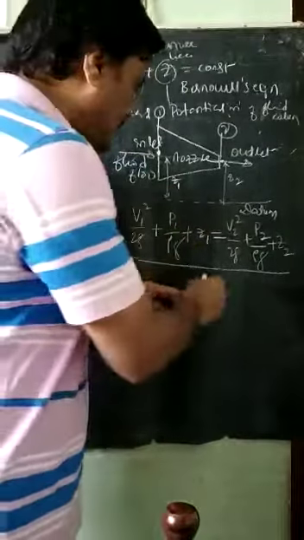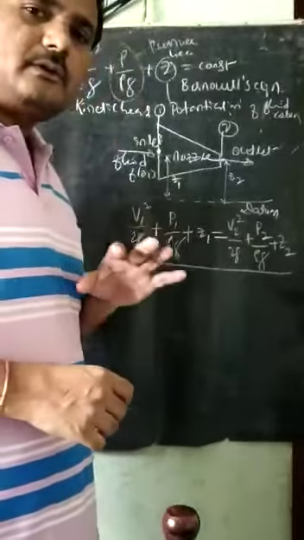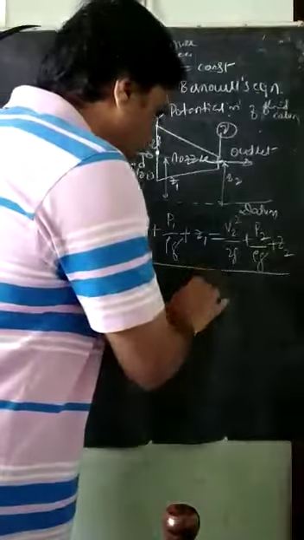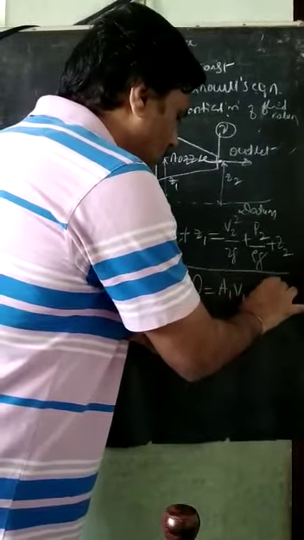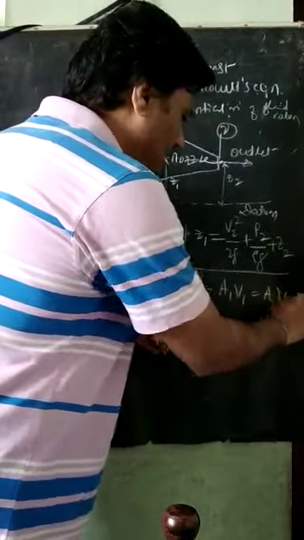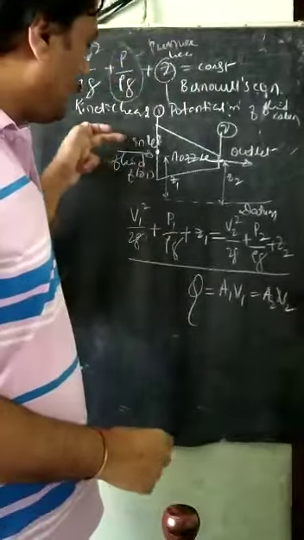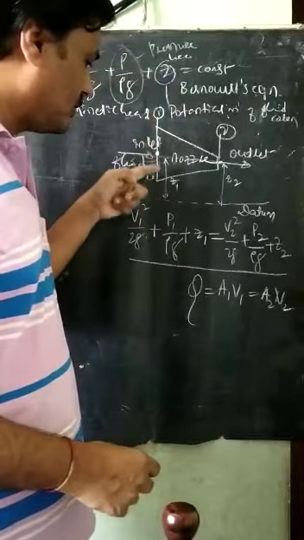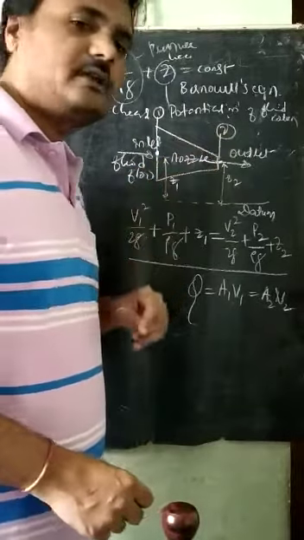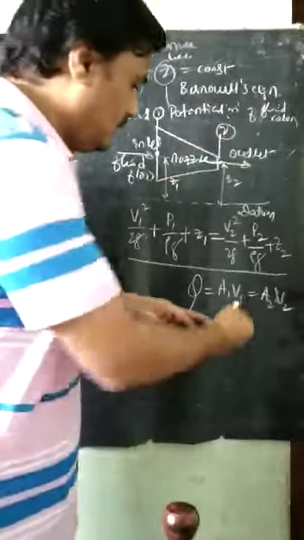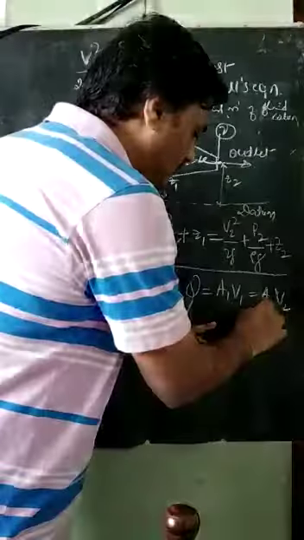And to solve numericals on Bernoulli's equation, we also use the equation Q is equal to A1 V1 is equal to A2 V2. It means the flow rate entering at section 1 is equal to the flow rate exiting at section 2. This is the volume flow rate, in meter cube per second.